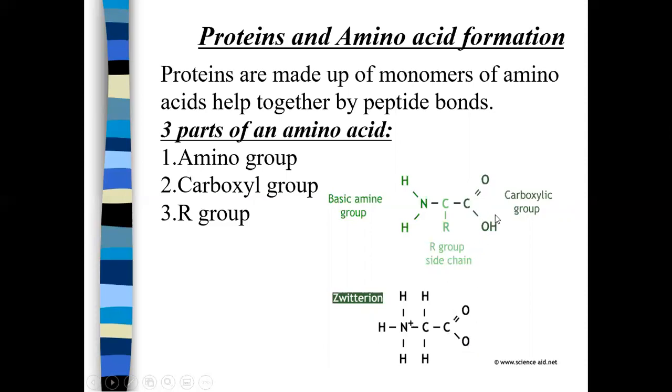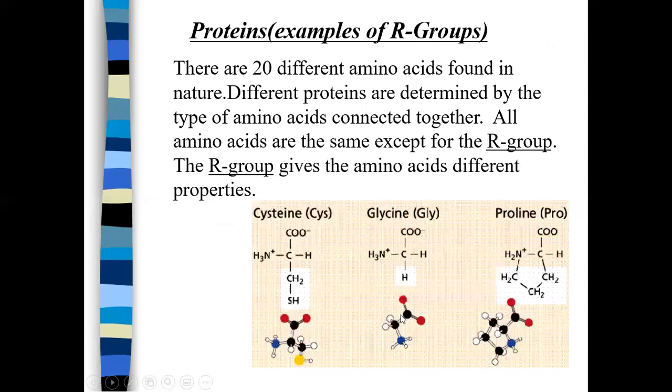So this proton has been shifted towards the nitrogen atom, forming NH3 positive. Don't be confused that the carboxylic acid has no hydrogen, because this proton has been shifted to NH3 positive.